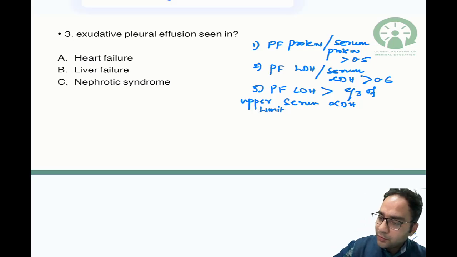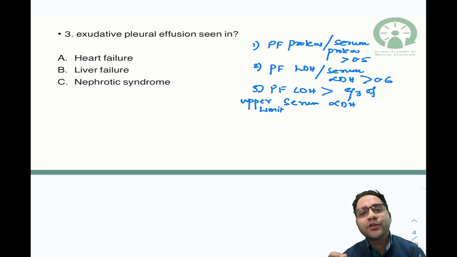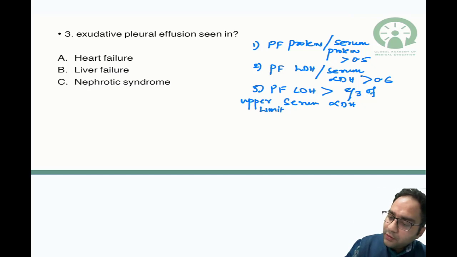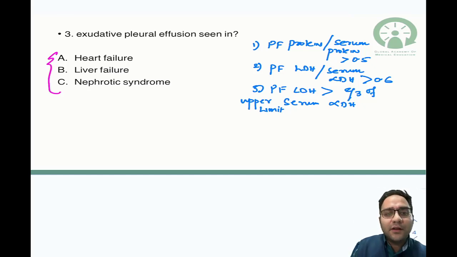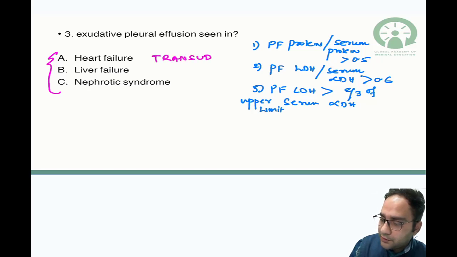The question asked was, exudative pleural effusion is seen in. Now, all the three options that I have mentioned here are mostly transudative. They are causes of transudative pleural effusion.